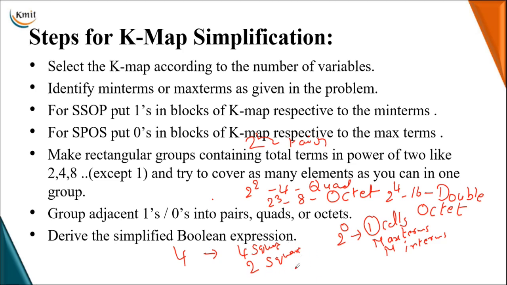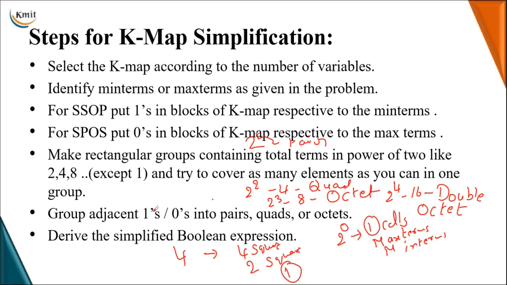If it is not possible with the 2 cells also, then go for only the isolated minterm with 1 cell. Like this, check for your groups. Always check for the largest group and cover all the minterms and maxterms in that group.